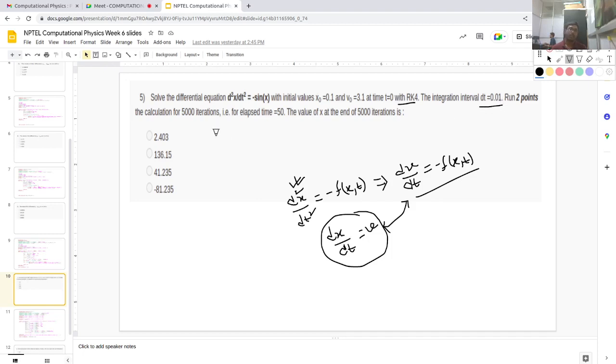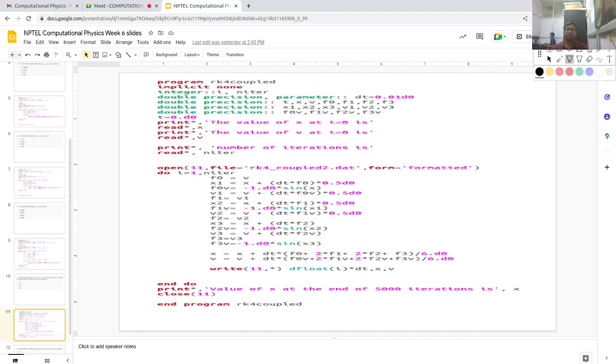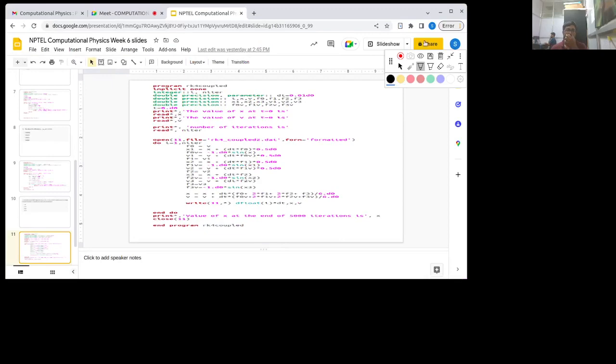Okay, and we have to run the iterations 5000 times, and we have to find the value of x at the end of 5000 iterations. So how are we going to do this? Let's move on to the algorithm part. So here is the algorithm.